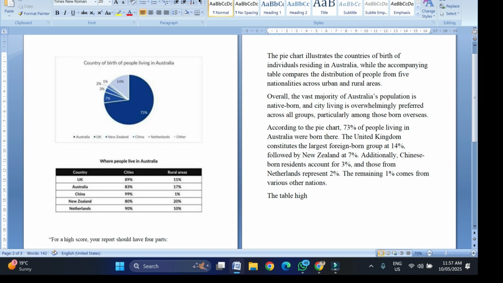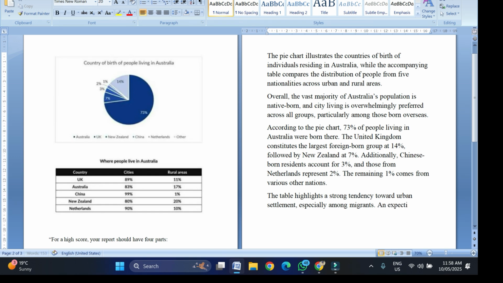Yes, the table highlights a strong tendency toward urban settlement, especially among migrants. Two words, right?